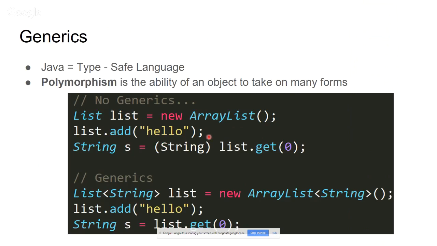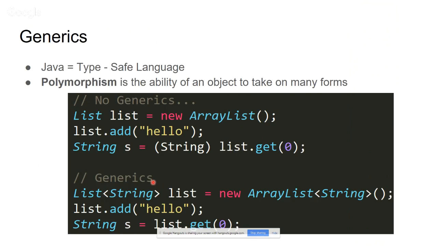Before generics in Java, we had to do this, and we had a lot of trouble because we never knew what type of data was inside the list or structure, and if we made a mistake, we would get an error because the type of the element was not clear.